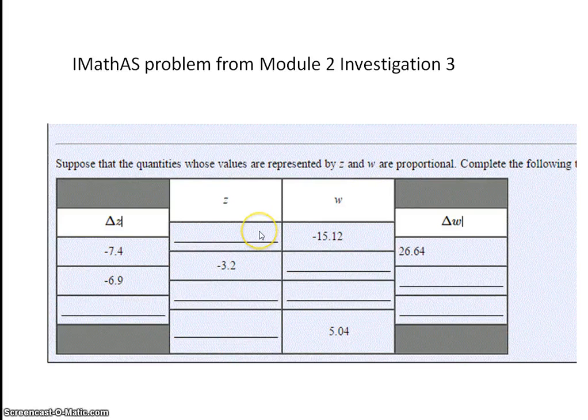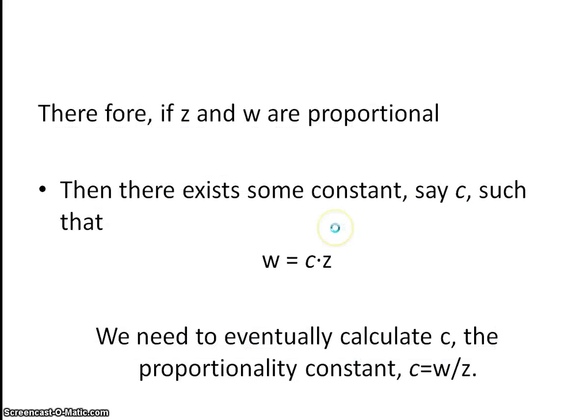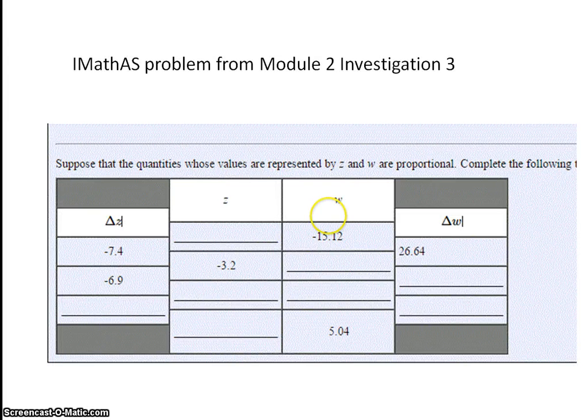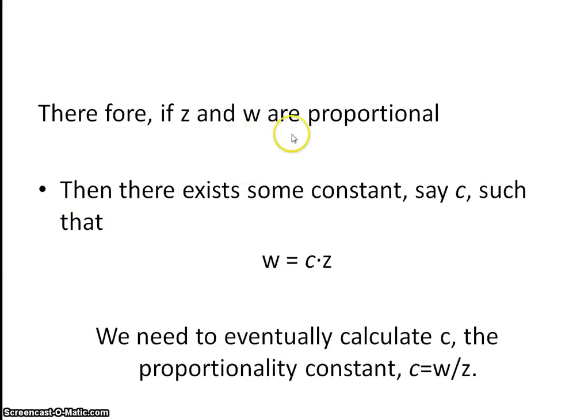We're going to fill in some of the easier blanks. I tell you what, we'll back up and I'll talk about this again. We're given that Z and W are proportional, and if Z and W are proportional, then there exists some constant, we'll call it C, such that W equals C times Z.